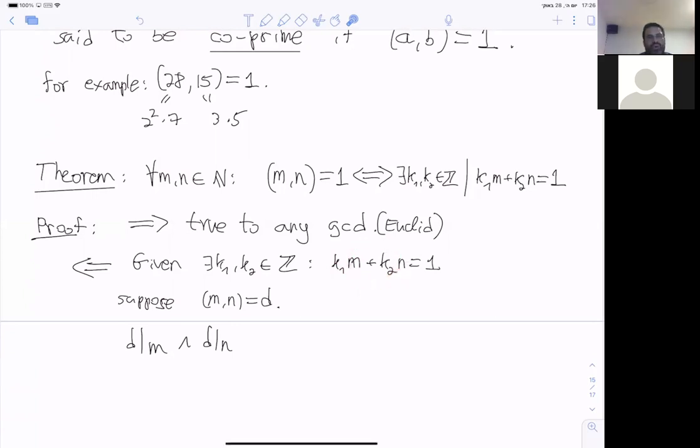I mean, any integral combination, because it lies as a factor in both M and N. But what number can divide 1? Only 1. Okay.